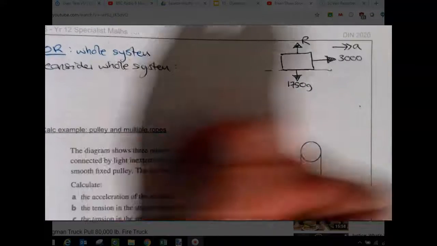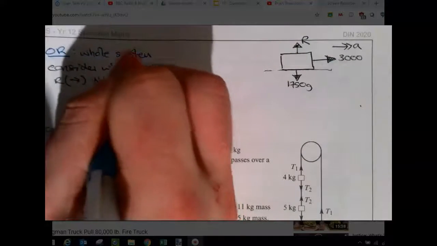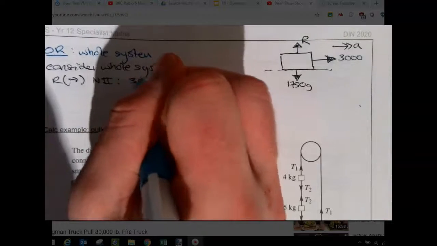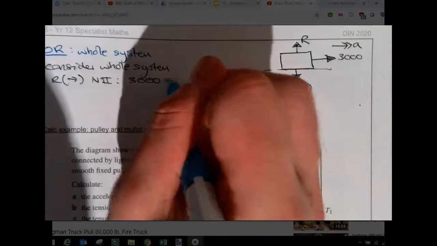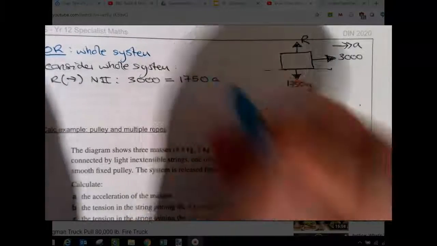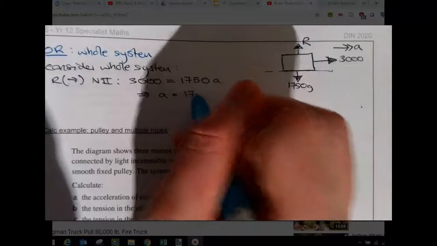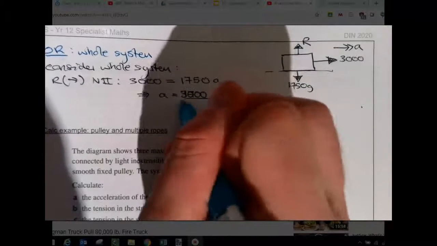then I can resolve in the direction of motion, Newton's second law: 3,000, that's the force, it's the only force acting parallel to motion, equals total mass 1,750 A, therefore A equals 3,000 over 1,750.